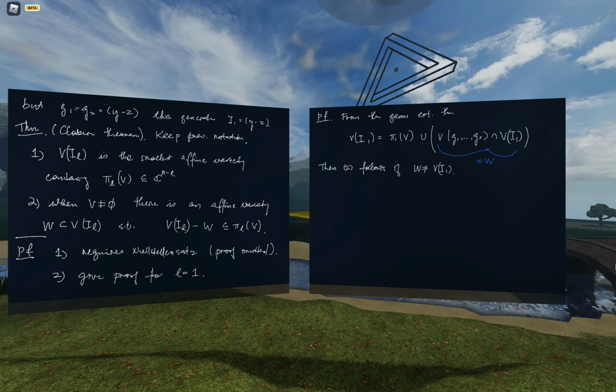So the rest of this proof is to deal with the case where it is V(I_1), and we're going to shrink it. So the rest of the proof, we need to shrink W if W equals V(I_1).